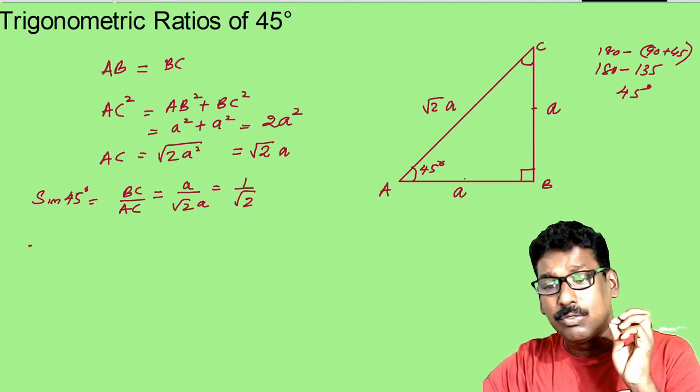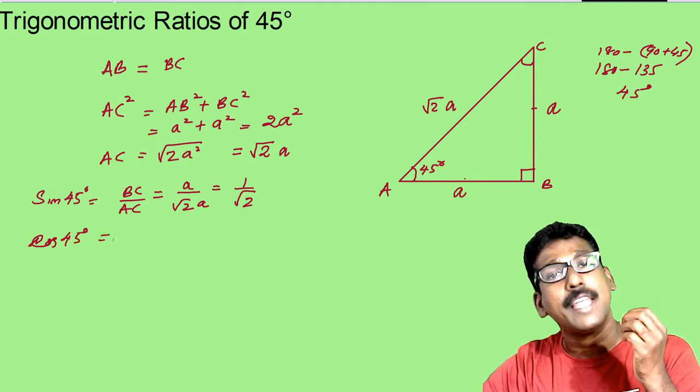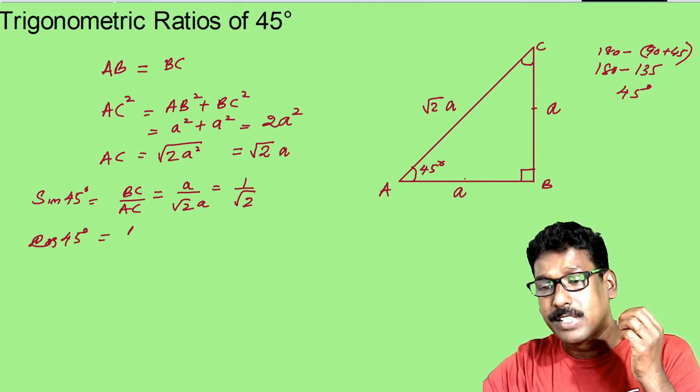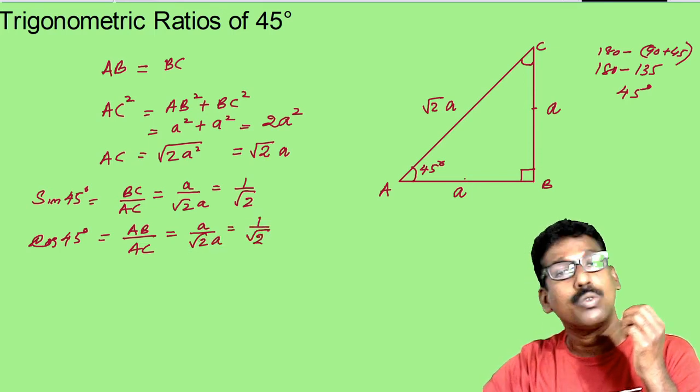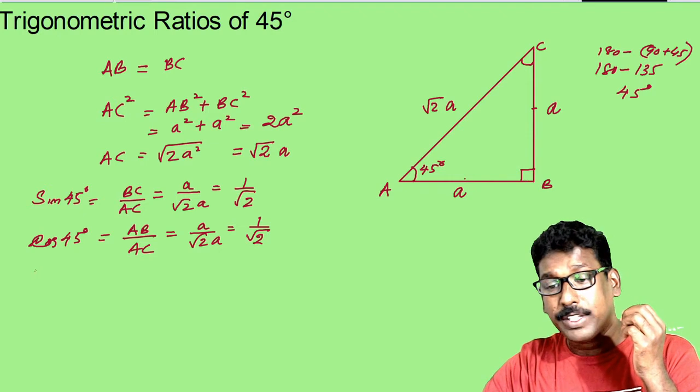Similarly, you can find out cos 45 also. Cos 45 means adjacent side by hypotenuse. Here adjacent side of angle A, which is AB by AC, that also A by root 2 A, which is equal to 1 by root 2. How can you find out tan 45?